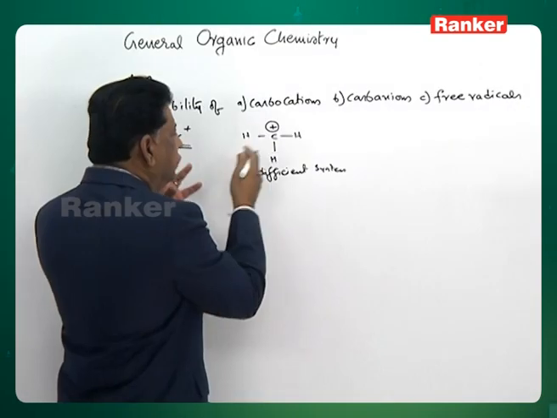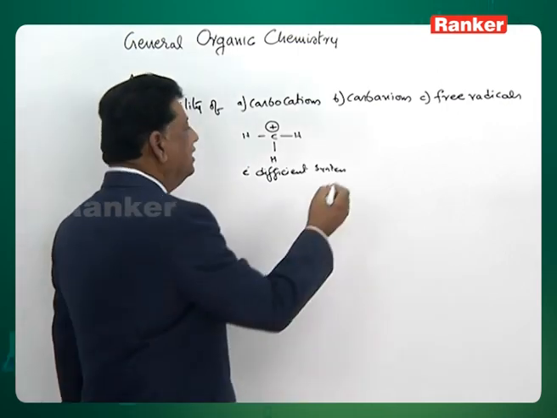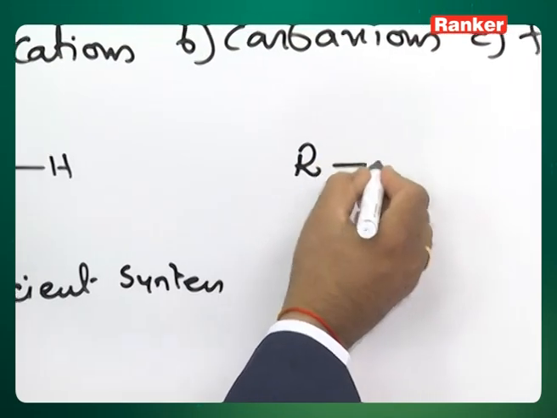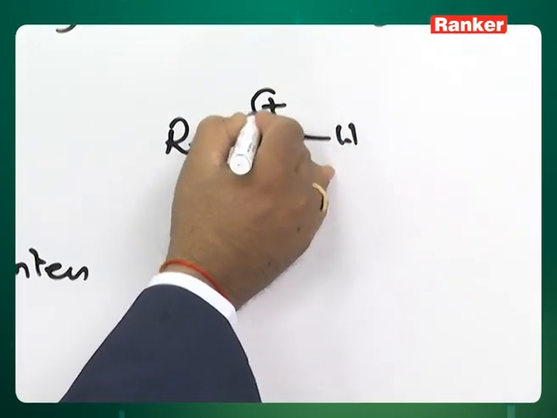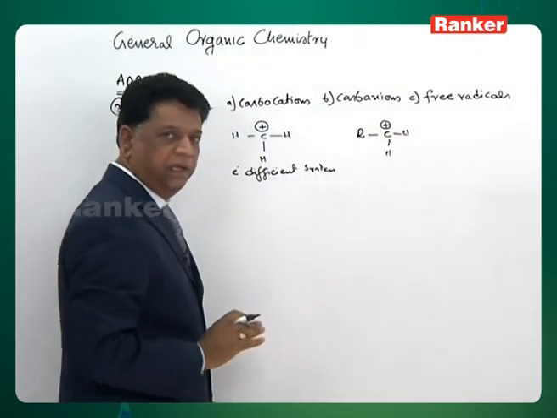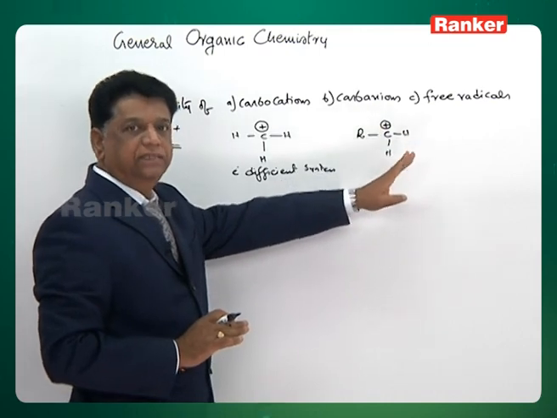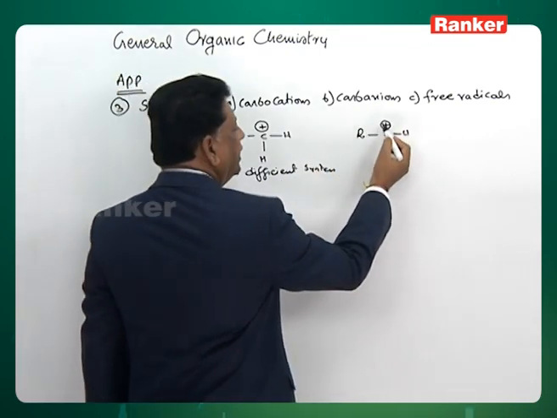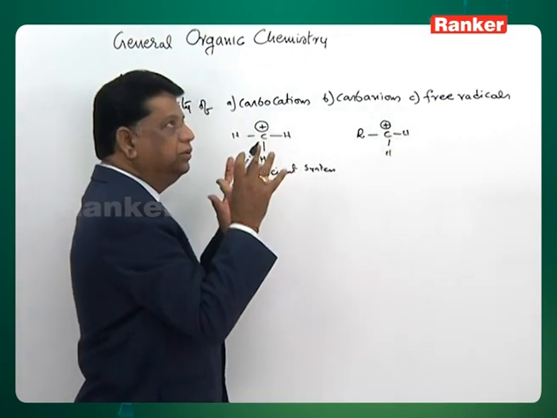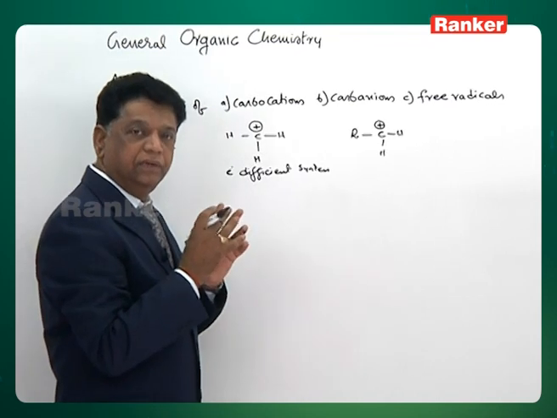Such a system, if somebody donates electron density through the inductive effect, like for example, any alkyl group attached to this type of carbocation, the positive charge however cannot be totally nullified, because it is not giving the electrons, it is giving electron density. So, the positive charge is just like a bulb glowing, but not with full power, it may become dull.